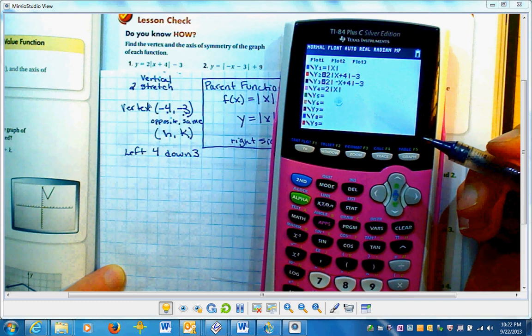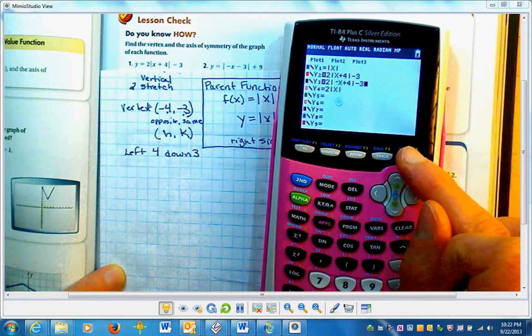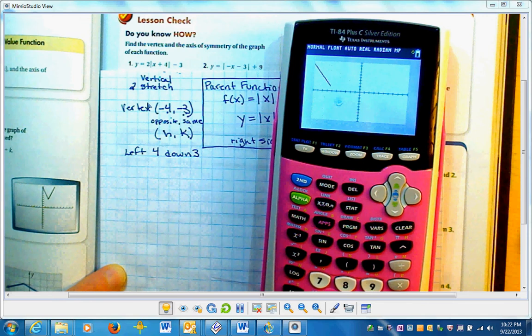We're not comparing it to the parent anymore. We're just comparing it to the two functions. So that's the function that I have in my book. And now this is the function with a negative in front of that x inside the absolute value.